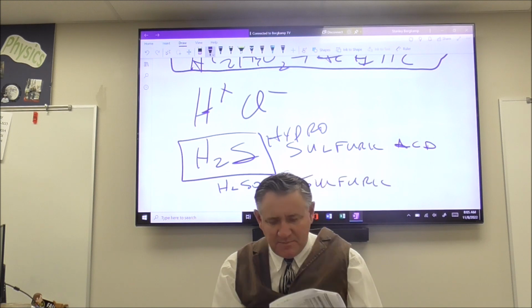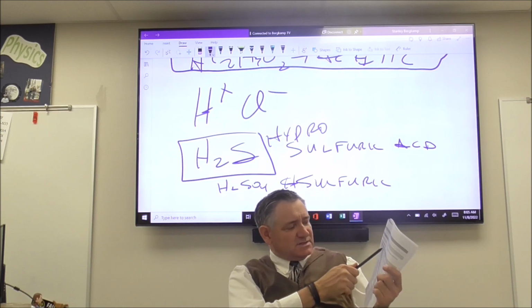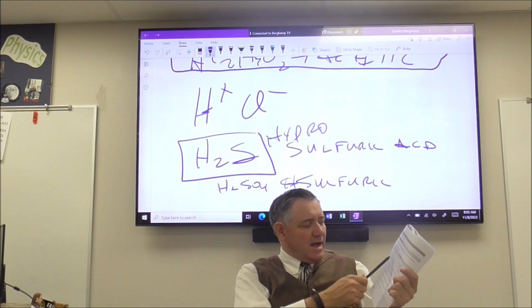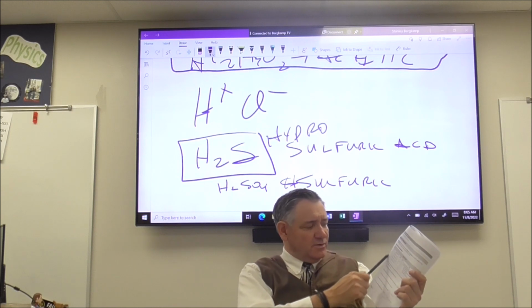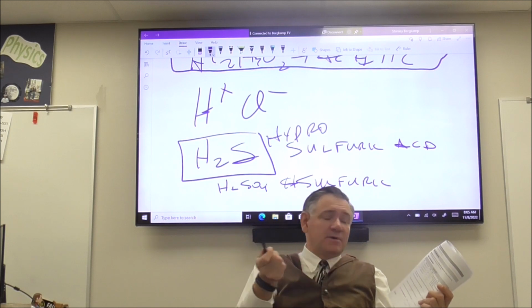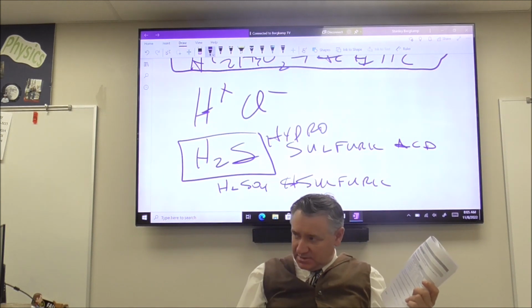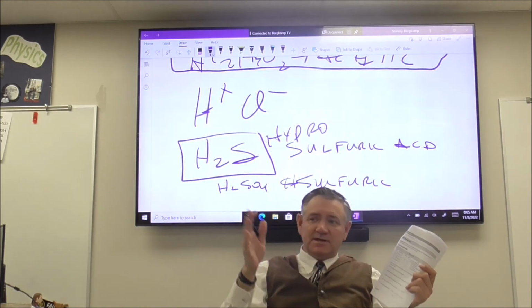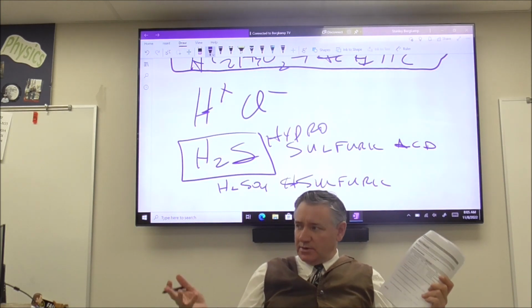So if you look at this pattern, if you see the word hydro in front of it, that means it's going to be one single hydrogen, or two with sulfur, but everything still has to add up to 0. This is just a matter of figuring out the code.